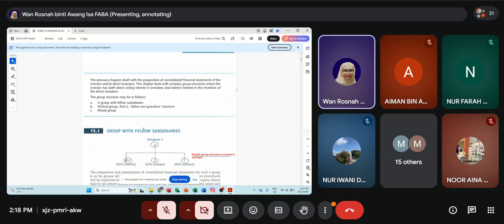Remember the rules. If holding company acquires more than 50% of another company, it becomes a subsidiary.